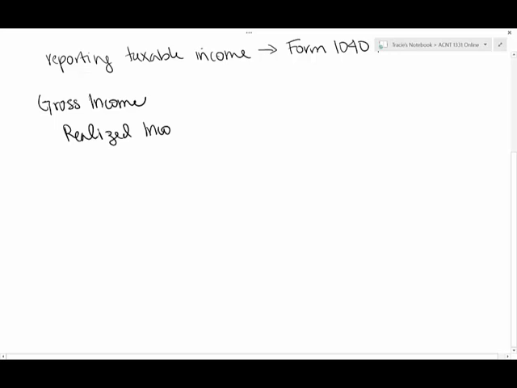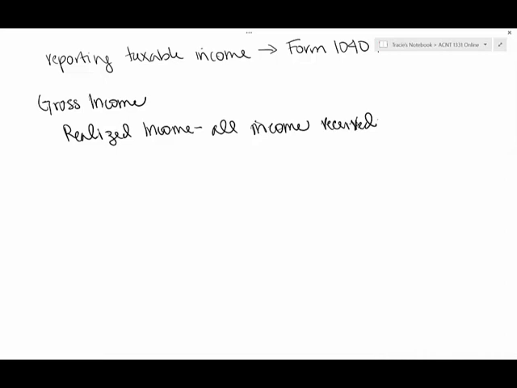Now, when a taxpayer talks about realized income, the IRS defines realized income as all income that is considered to be received by the taxpayer. I like to say that the IRS says that all income is realized income.